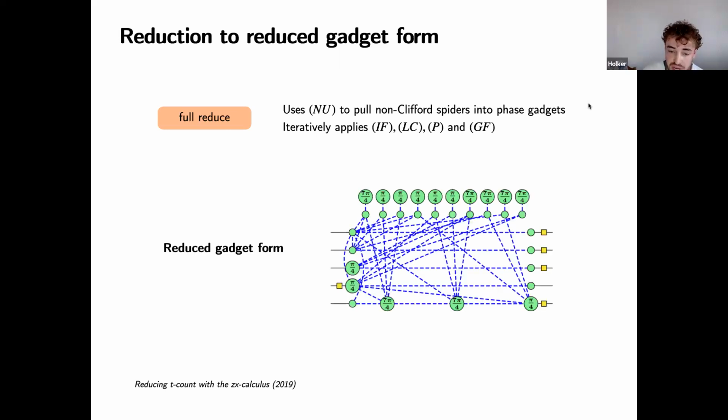You end up with a graph which is in reduced gadget form, meaning that every spider is either connected to a boundary spider, so connected to an input or an output, or is part of a non-Clifford phase gadget. You can always reduce to such a form, where there are no interior Clifford spiders, and every single spider is non-Clifford. And this is the standard full reduced form.